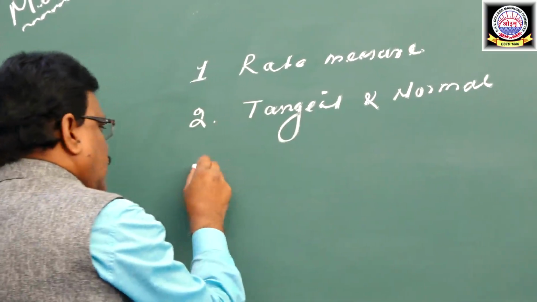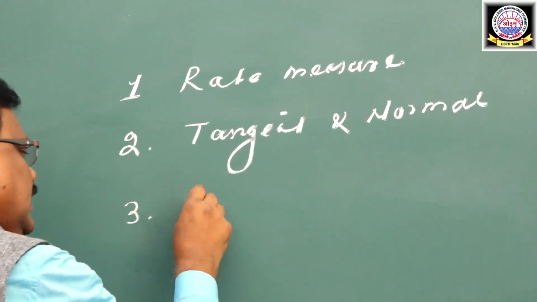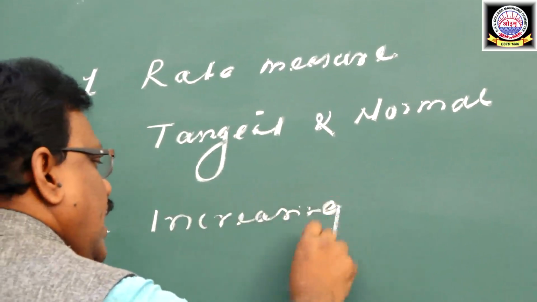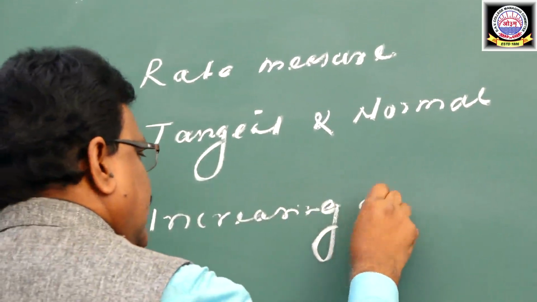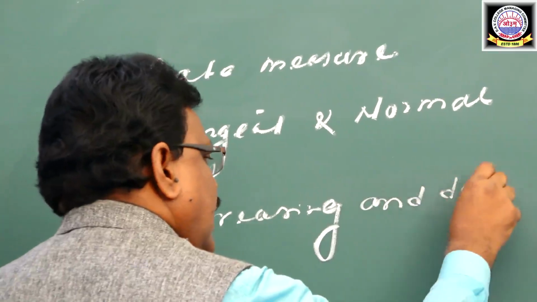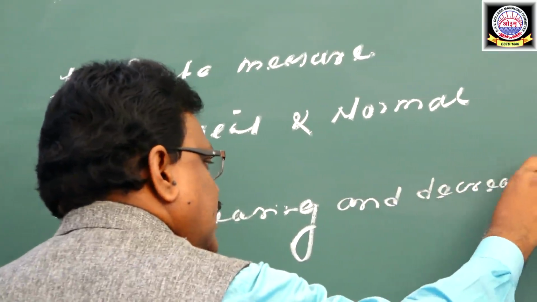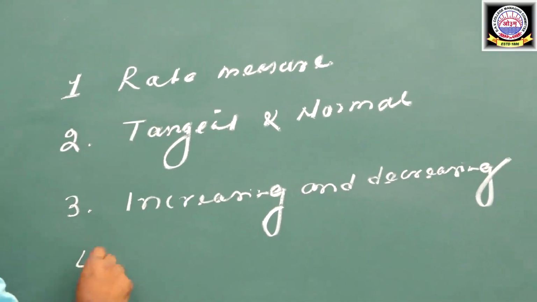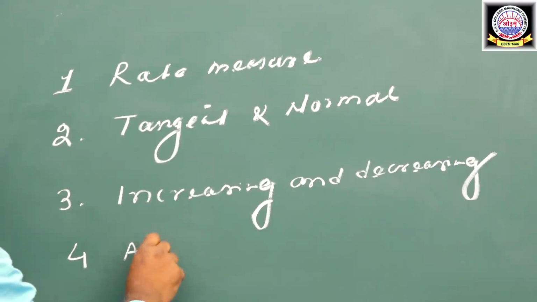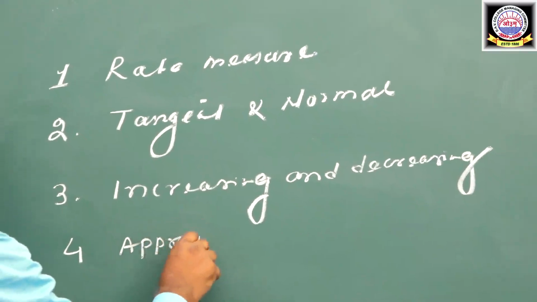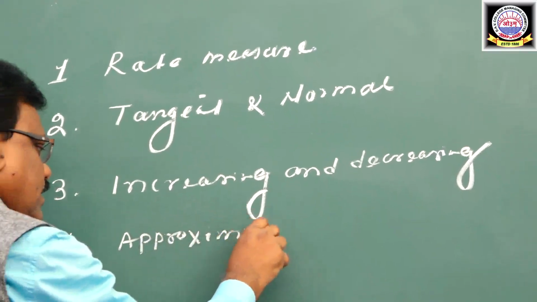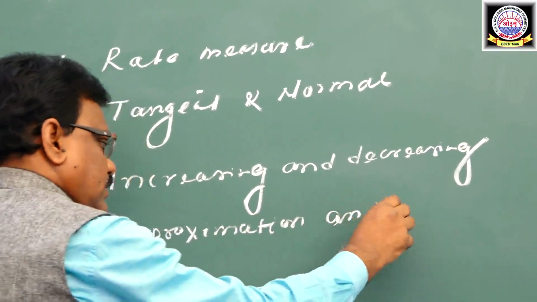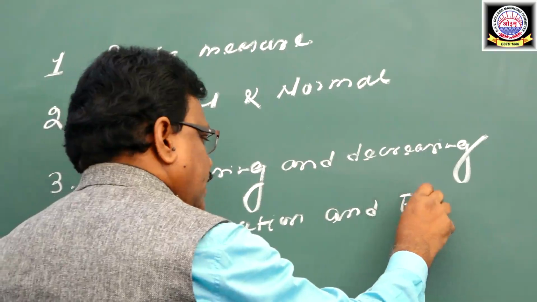The third article will be increasing and decreasing. Then fourth we will see approximation and error.